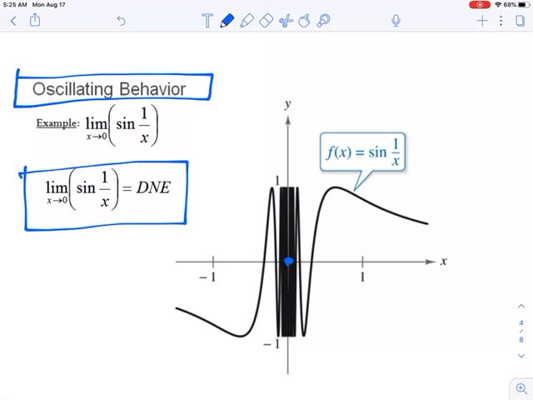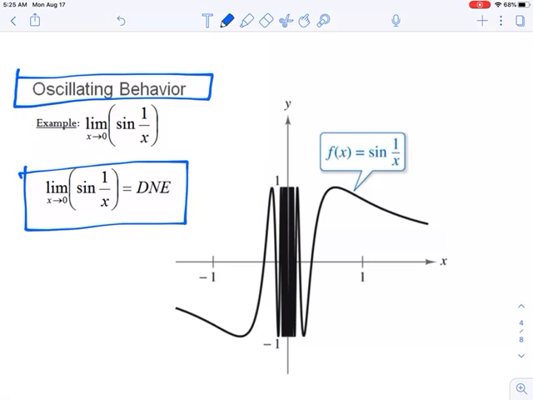And as we try to get closer to x is 0, we have no idea what's going on inside. We have no idea, between here and here, what is happening because it's oscillating so quickly. And so we have no way to determine what our limit is.